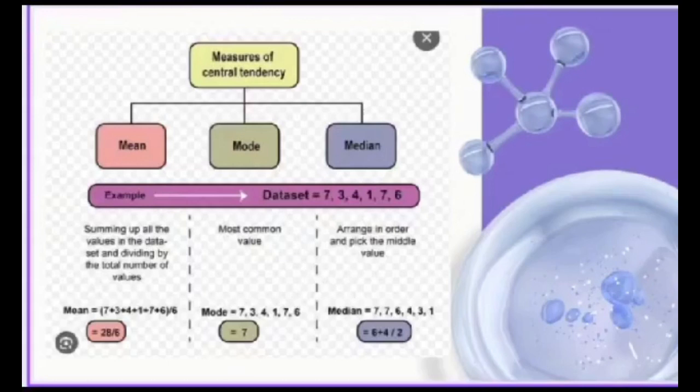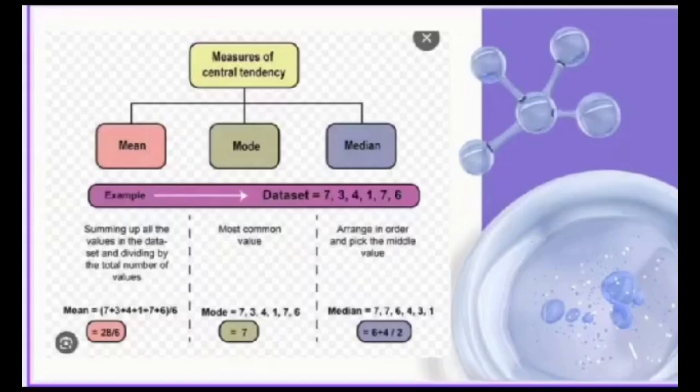In the bottom part, on the right side, you add the numbers included in the data set: 7 plus 3 plus 4 plus 1 plus 7 plus 6 is equal to 28. To divide this 28, count the numbers in the data set.